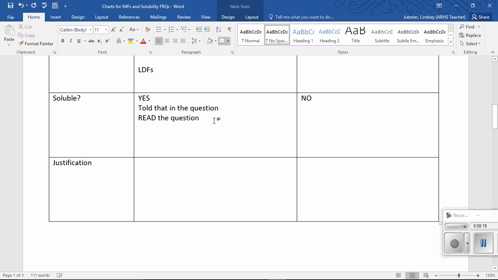And now we're going to, obviously do not write this in your response, but just go through and say, yeah, it's soluble, or no, it's not. But make sure you go back and read the question. You're usually told if something is soluble or not. You're asked to justify why something is soluble in a solvent or why it's not soluble within a solvent. Okay, so here's the justification part.